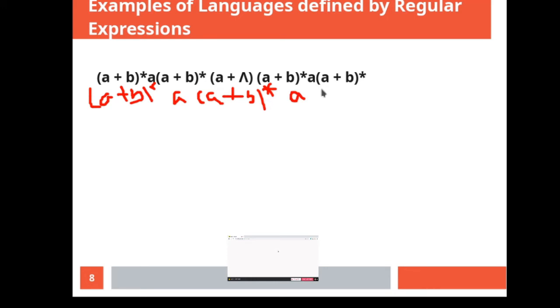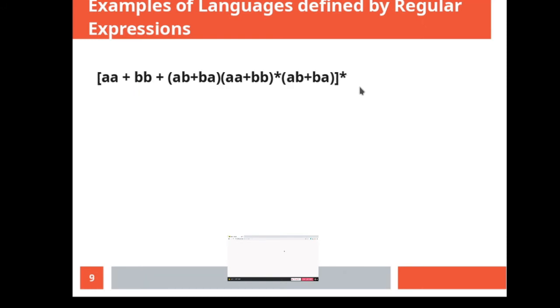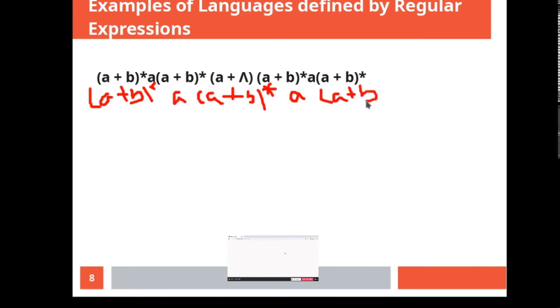And then I again write (a+b)* a (a+b)* a (a+b)*.